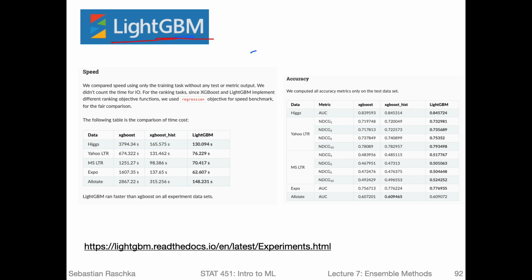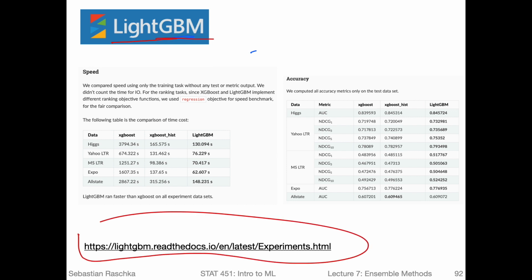One is LightGBM by Microsoft, which has some other tricks that it implements. And here from the website, I have also some tables comparing XGBoost with LightGBM. Here is the original XGBoost, here's an improved version of XGBoost, and here's LightGBM. And this is the unit in seconds, like speed in seconds, I assume.